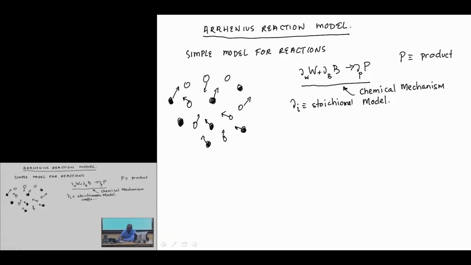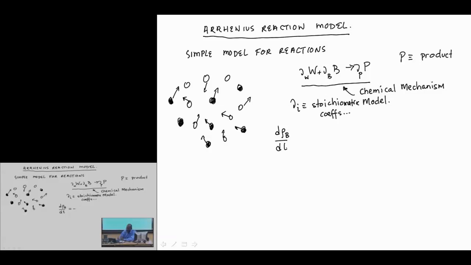If we wanted to talk about the rate at which, for example, we were to deplete species B, then we could write an equation for that rate of depletion, either in terms of the density, concentration, mass fraction, etc., of species B. And so we might say, for example, d rho B dt is equal to, and then here's where our Arrhenius law would hold.